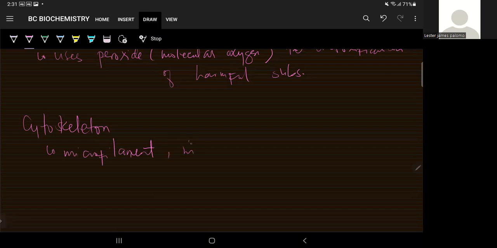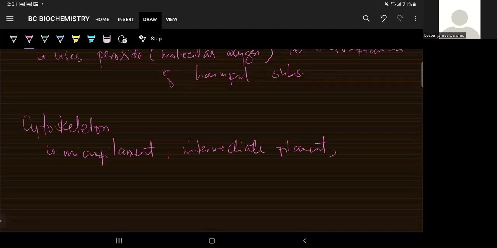We have also intermediate filaments. Remembering your human anatomy regarding the skeletal muscle cells, no?